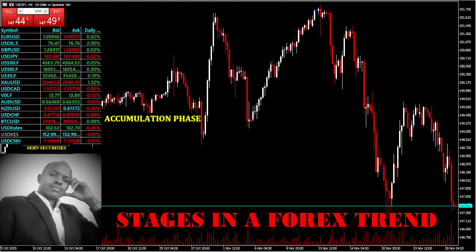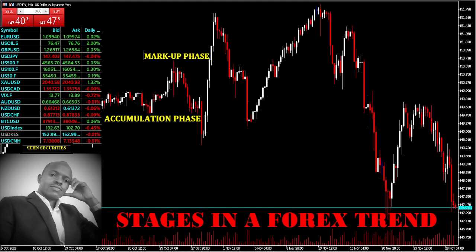The next stage is usually referred to as the markup phase. The markup phase follows the accumulation phase as the market participants develop a shift towards a positive market sentiment. This phase is usually characterized by more traders entering long positions, which further elevates the market price.